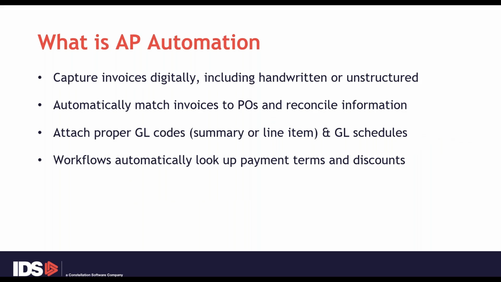To get a little bit more into detail as far as what this system can do, it captures invoices digitally, including handwritten invoices. What this means, in short, is you basically scan your invoices and email them. There'll be a specific email address set up for you as a dealership, for each dealership. You email your invoices into the system, and then it begins processing them.